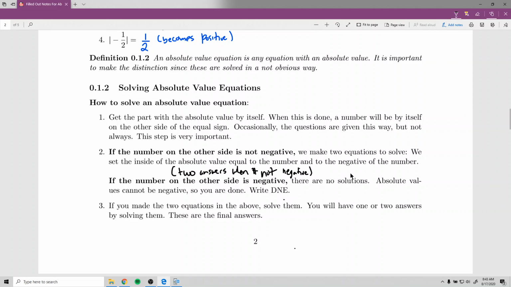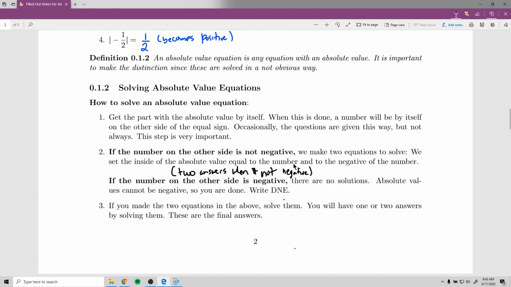That's because absolute values cannot be negative. So 99% of the time you solve an absolute value equation, you either get two answers or no answers. Sometimes you can get one, but that's rare. And they can be much more complicated than we would ever do in this class, to where you could get more than two. But for this class, 2 or 0.